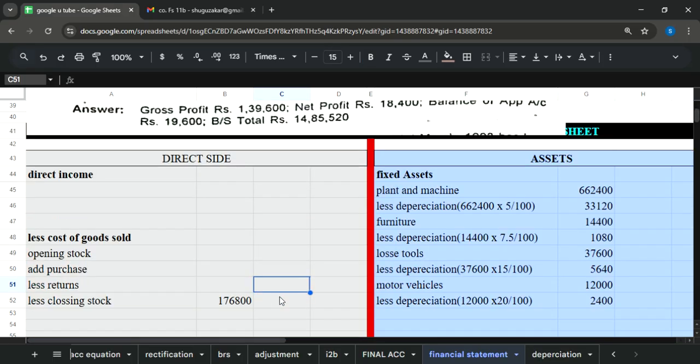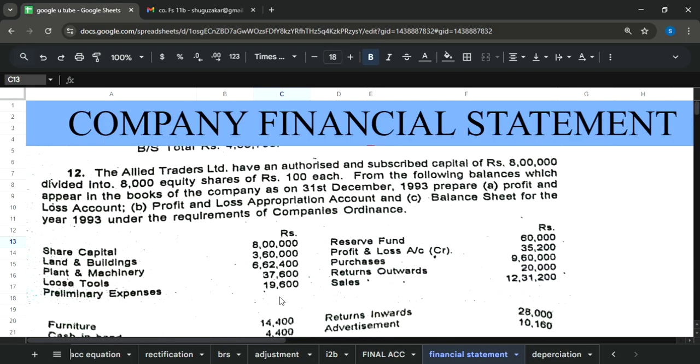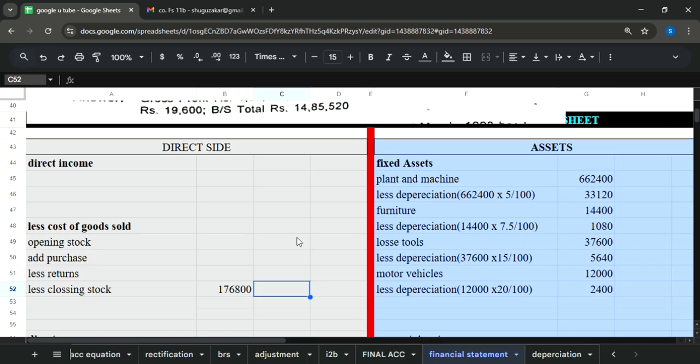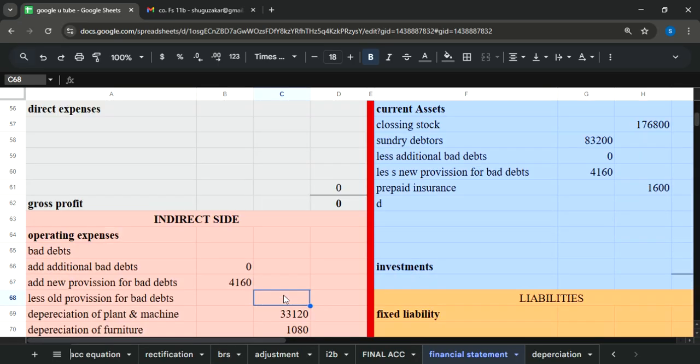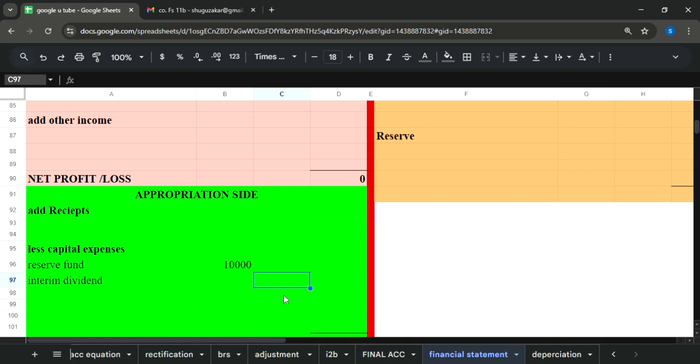So you will multiply the total amount of capital with 3 and divide it by 100. We have got the total interim dividend.